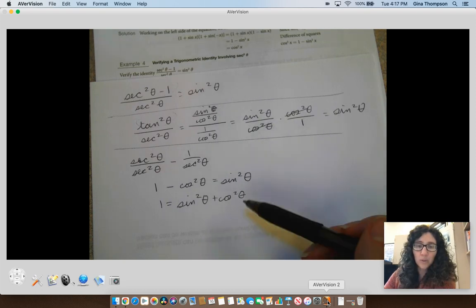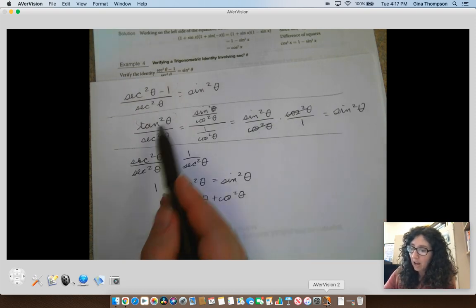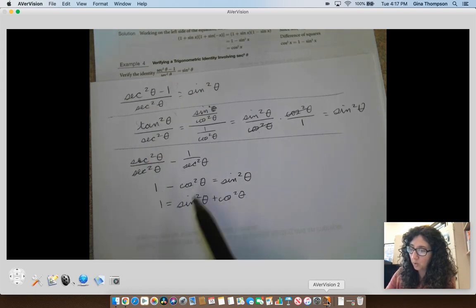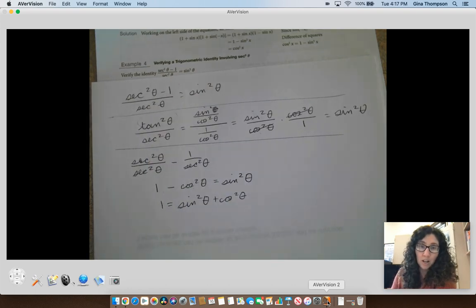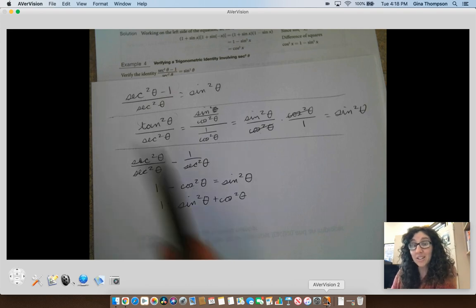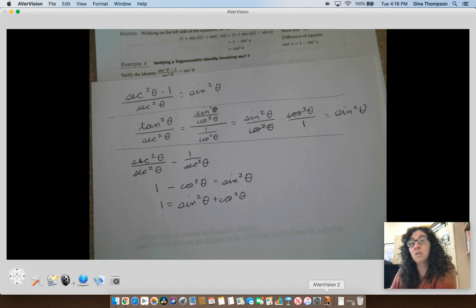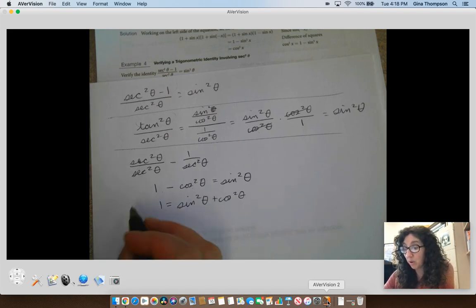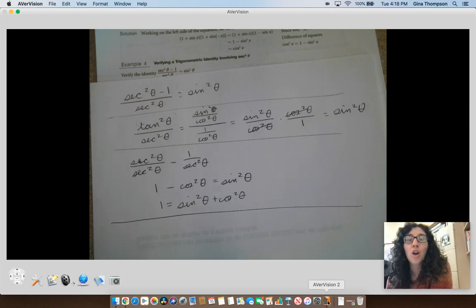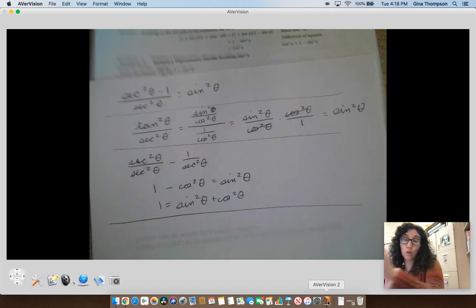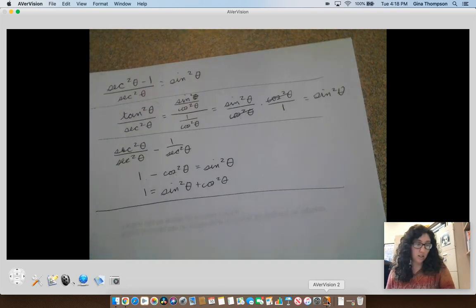Cosines canceled, and I was left with sine squared. Here, I divided this into each of these terms and got 1 minus cosine squared, and then I used a Pythagorean identity. In both cases, I'm using a lot of those fundamental identities, right? Some reciprocals, the Pythagorean identity. So you need to get really comfortable with all those fundamental identities so that you can recognize when it might be a good idea to use one in these kinds of problems.